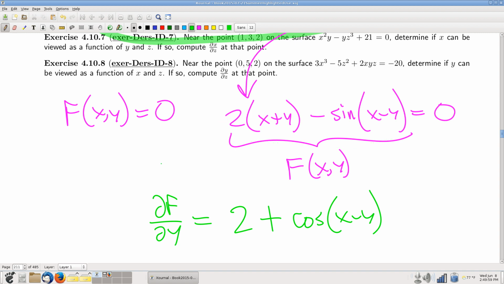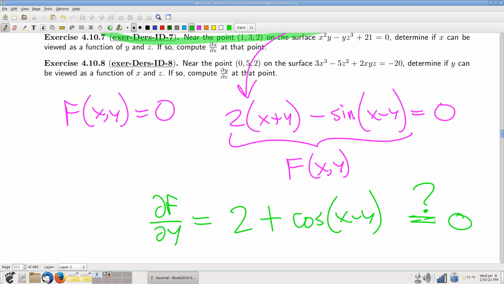Now, what I have to decide is: is this ever equal to 0? That's the deciding factor. Wherever this is equal to 0, y can't be viewed as a function. But as long as this is never 0, then y can always be viewed as a function.